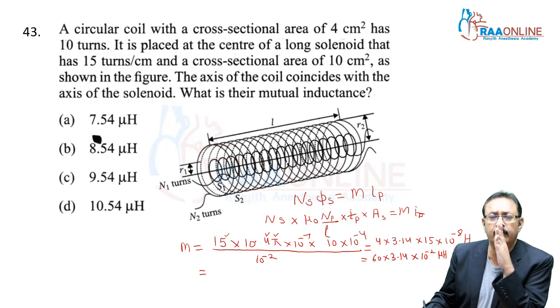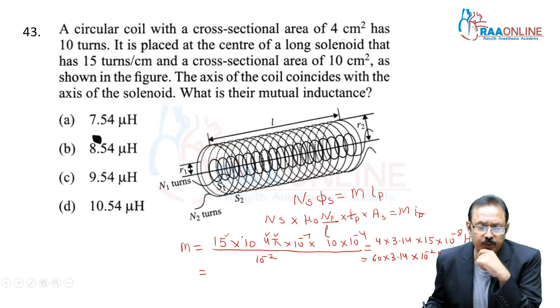A circular coil with a cross-sectional area of 4 centimeter square has 10 turns. It is placed at the center of a long solenoid. The axis of the coil coincides with this. What is the mutual inductance for that?